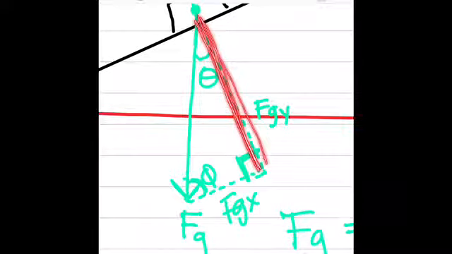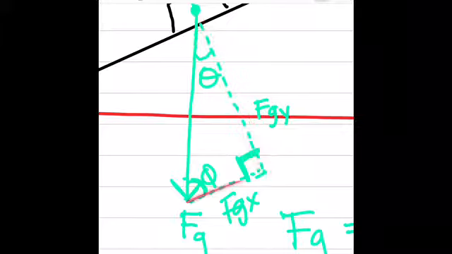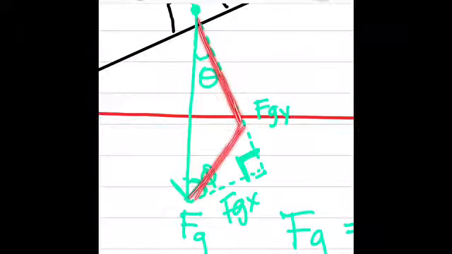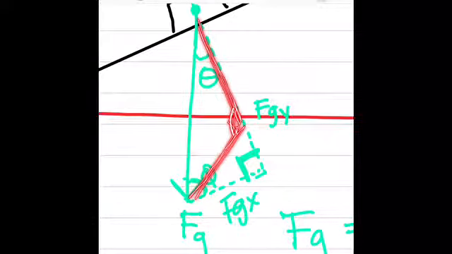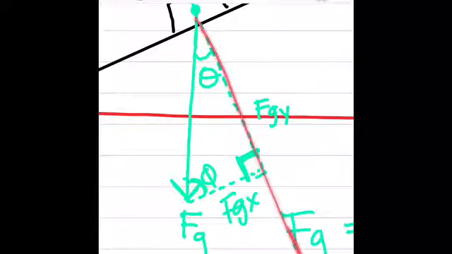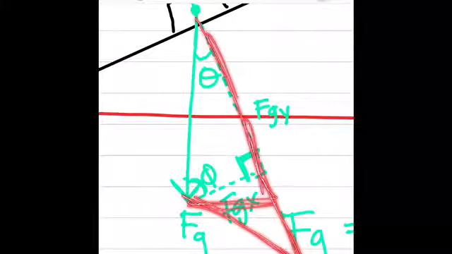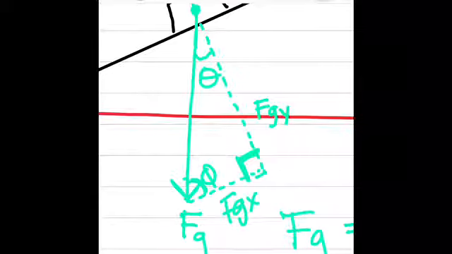Anyway, you've got to make this long enough, and where this meets, it's got to connect with the end of Fg over here, and it has to be a right angle here. Okay, so I get a lot of people that make this too short and try to do this. That is not a right angle. Or you did like me when I did the first time and make it too long and you're trying to do something like this or like that. No. I made that mistake too, so it's easy.